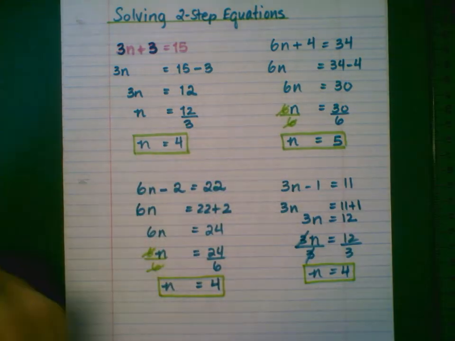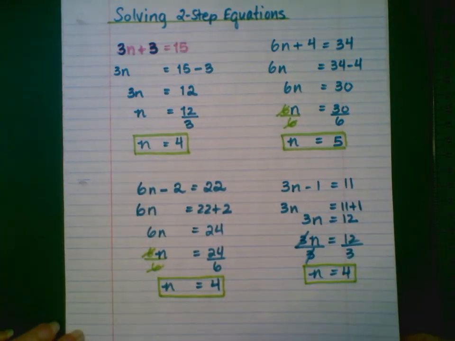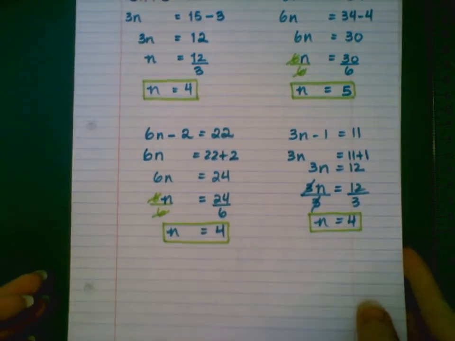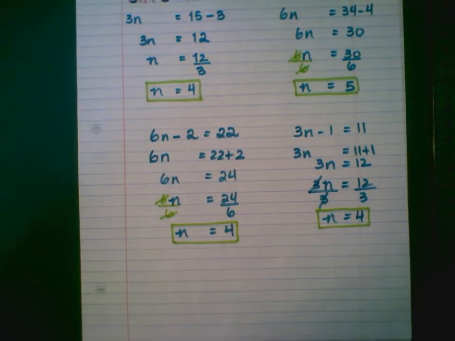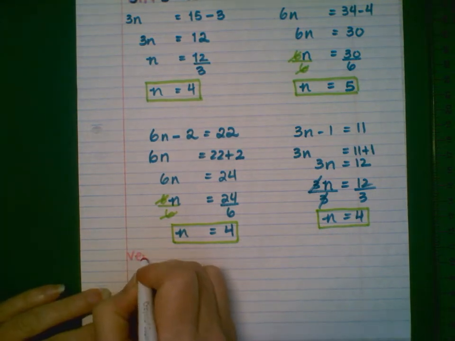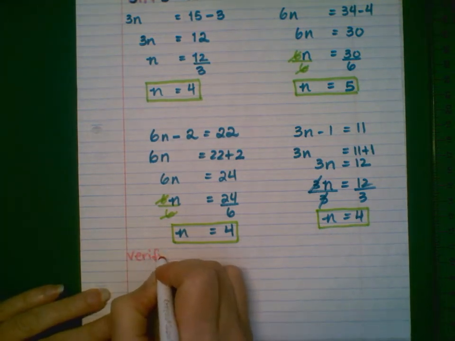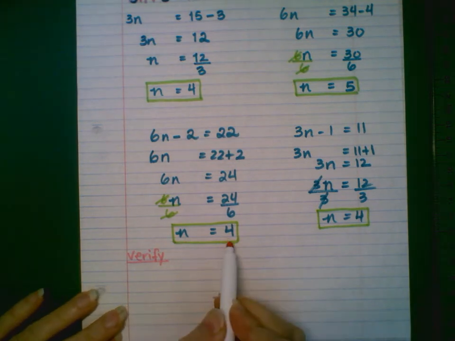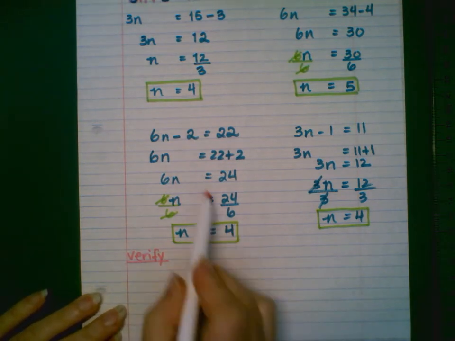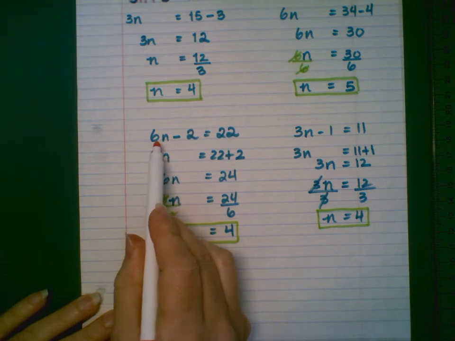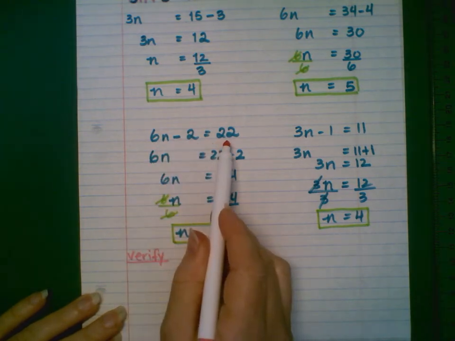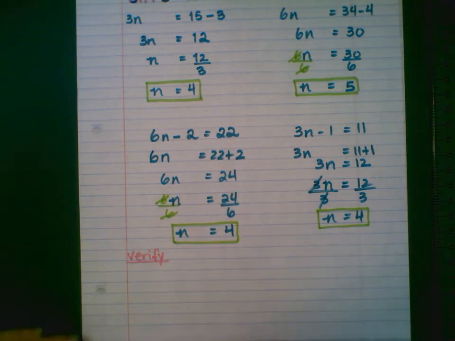Occasionally you will be asked to solve and verify. If you're being asked to verify, then the process is the following. Once you've found a value for your variable, in this case 4, you're going to substitute it back in to see if it is truthful, if it results in the left-hand side and the right-hand side equaling each other.